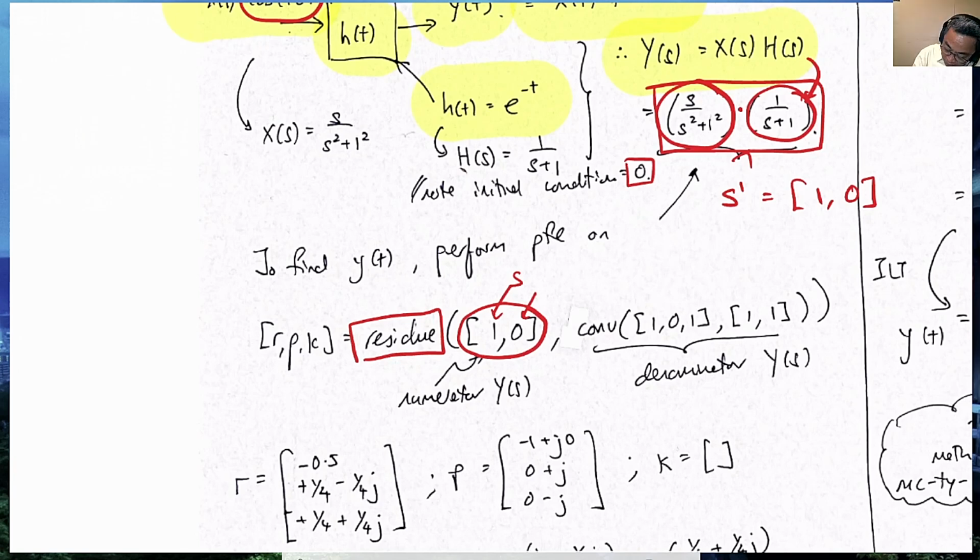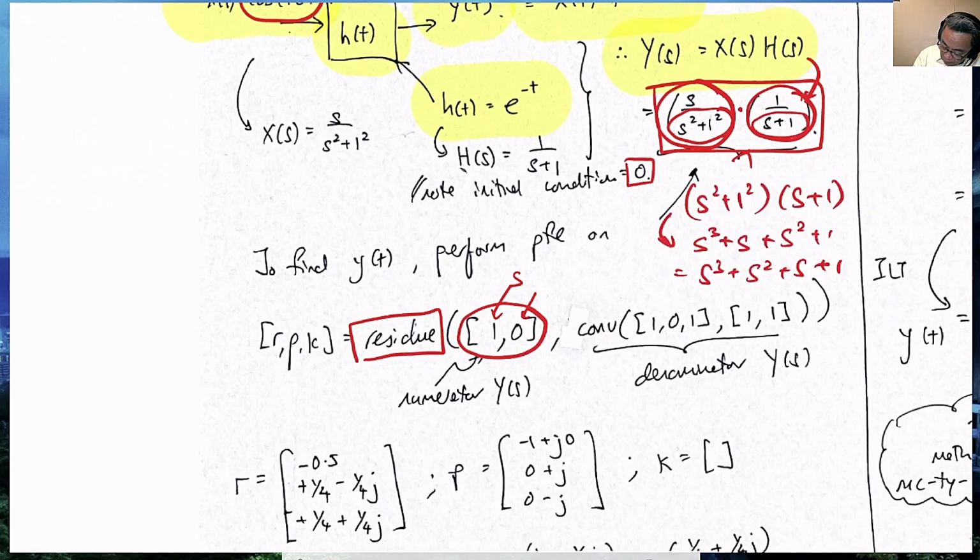Second is s squared plus 1 multiplied by s plus 1. If you have to do it by hand, you take the two factors and open up the brackets so that you can multiply them together, and then you have this expression.